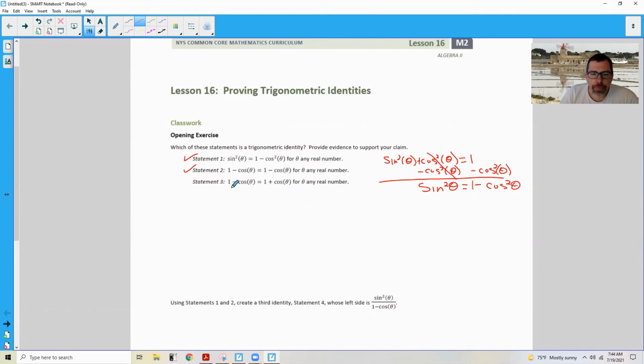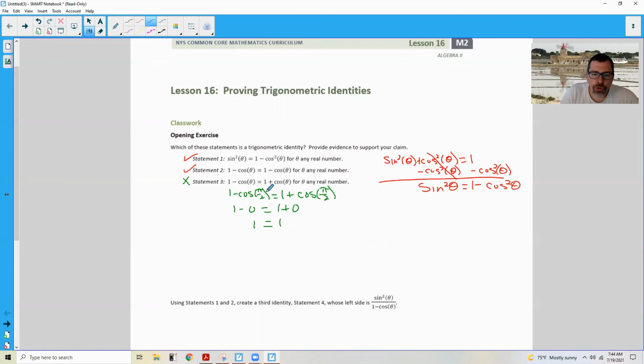Statement 3: 1 minus cosine theta equals 1 plus cosine theta for theta any real number. This is not true. For instance, the cosine of pi over 2 is 0, so 1 minus 0 equals 1 plus 0, which is 1 equals 1.